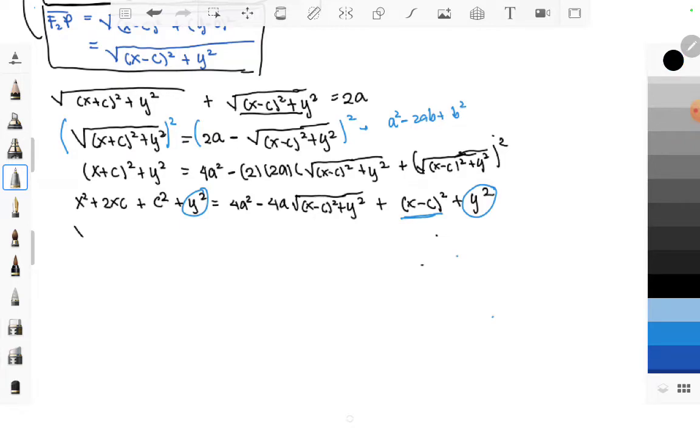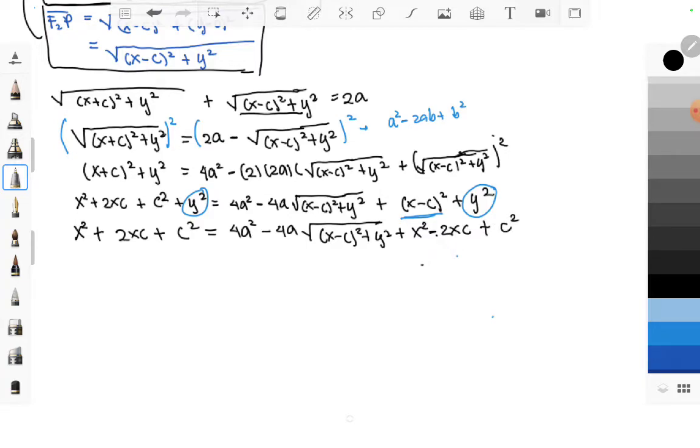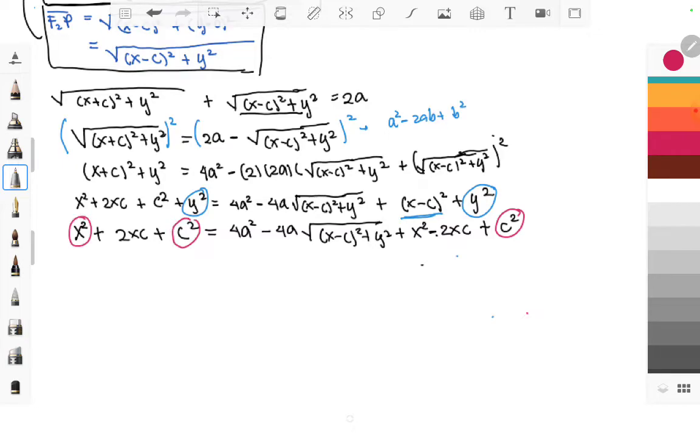So therefore I will have x square plus 2xc plus c square, which is equal to 4a square minus 4a multiplied by the square root of x minus c square plus y square, plus x square minus 2xc plus c square. So we can further eliminate our c square and our x square.